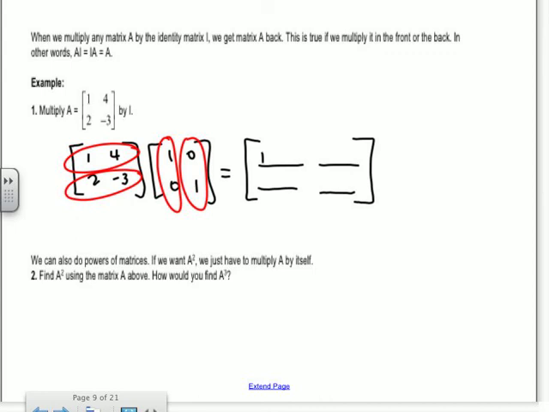So I have 1 times 1, and then I move over and down, so 4 times 0. I have 1 times 0, so 0, 4 times 1. 2 times 1 is 2, negative 3 times 0. 2 times 0 is 0, 3 times negative 1 is negative 3. So that's how you end up with 1, 4, 2, negative 3. It's the same as what it was before.